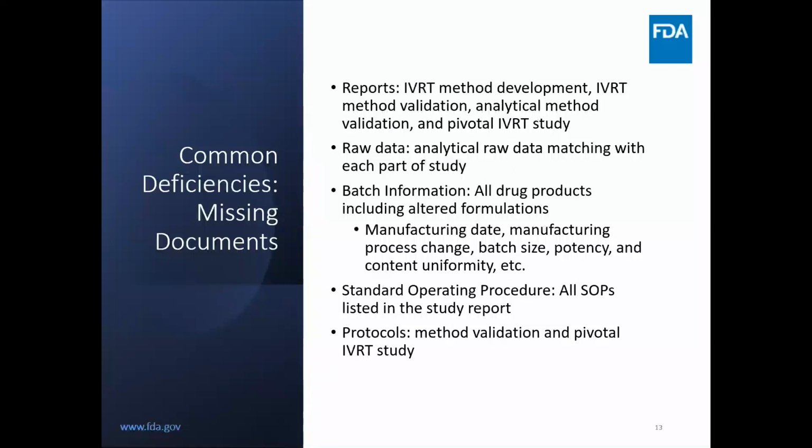Assessors also need to see the raw data to confirm the applicant's study results. And certificates of analysis or batch information of all drug products, including altered formulations, should be submitted containing this information: manufacturing date, manufacturing process change, batch size, potency, and content uniformity if applicable. And all SOPs mentioned in the study report and study protocols for the method validation and pivotal IVRT study also should be submitted. The proper documentation helps us to reduce the assessment time.